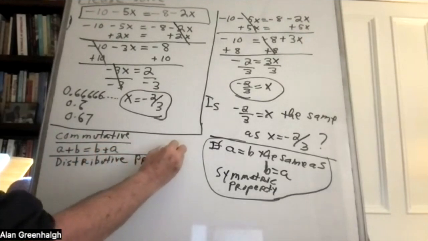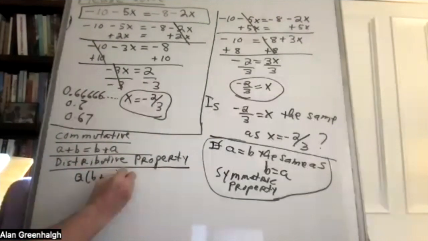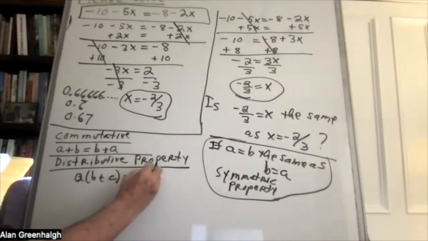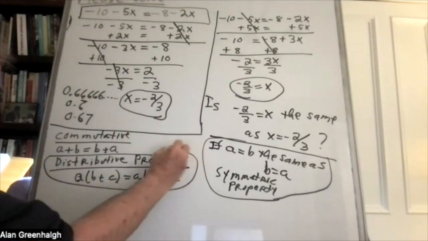The distributive property tells us that, well, let's use letters, A times (B plus C) is equal to AB plus AC. This is a very important property that we use all the time.